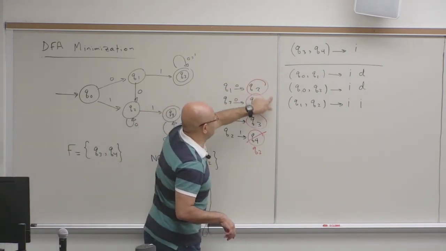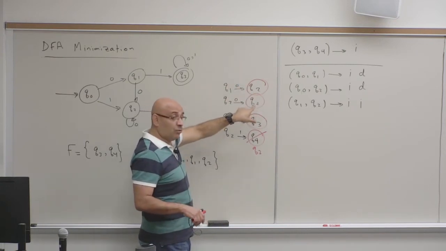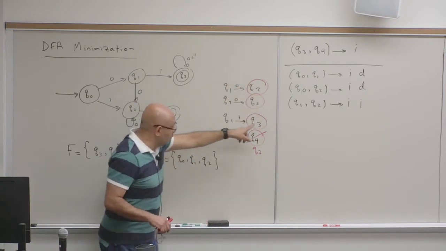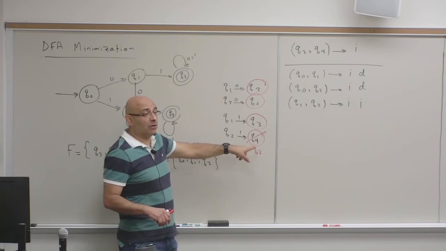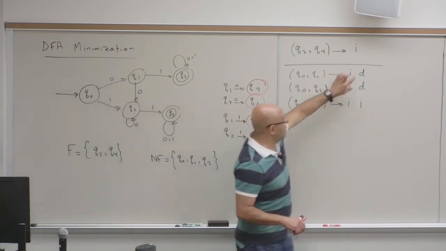So this is the exact same state, so this has nothing to do with equivalence. Q2 is Q2. Here, Q3 is equivalent to Q4. This did not get impacted by the change that we made here.